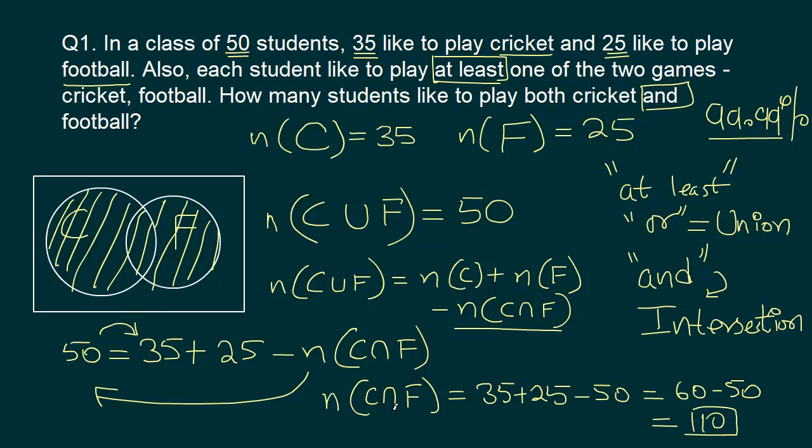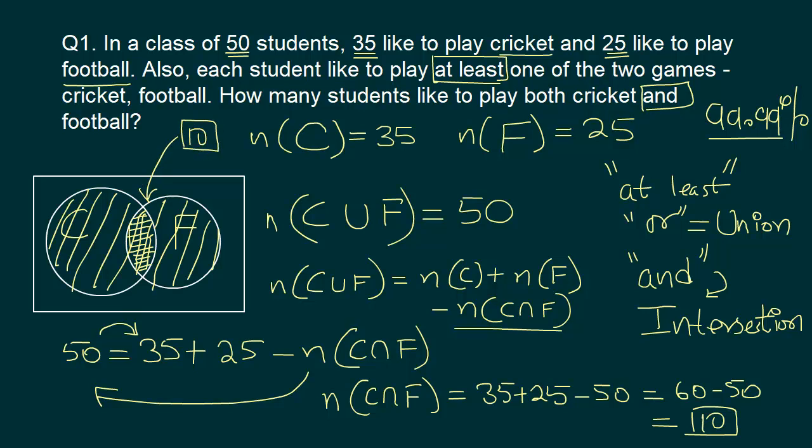So C intersection F, students who like both cricket and football, is 10. That means this part that overlaps both the two sets, this is 10 students.